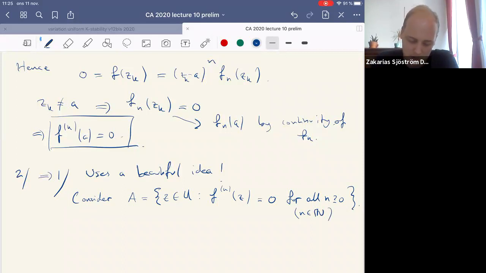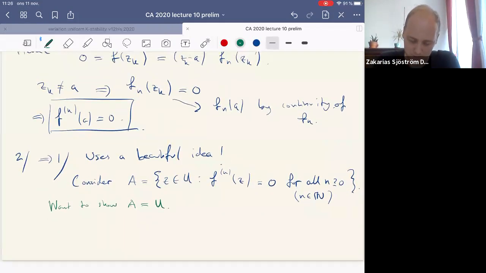So you look at the set in Z where all of these vanish. And then we want to show that actually this set A is equal to U, right? Because what we wanted to show was that f is 0 everywhere.